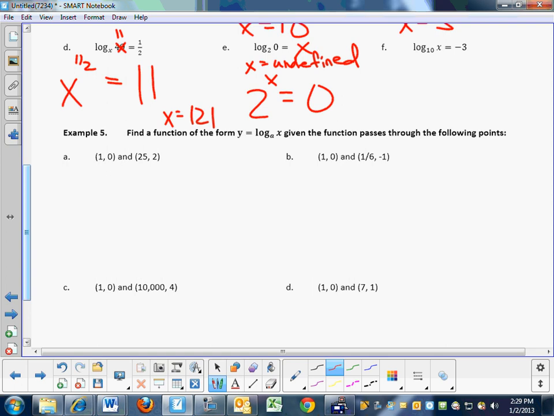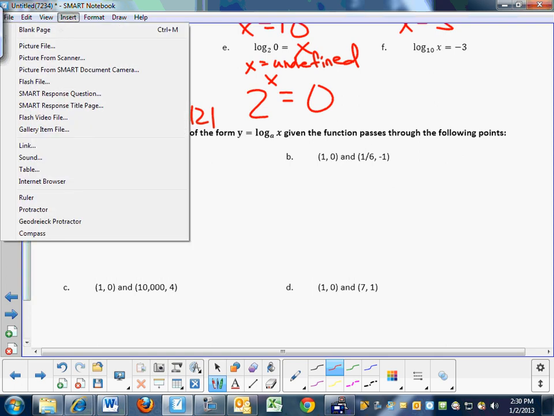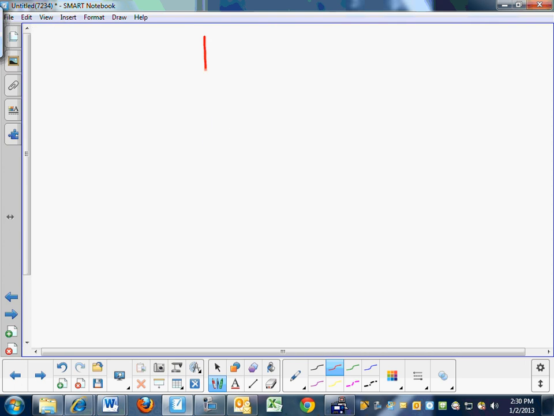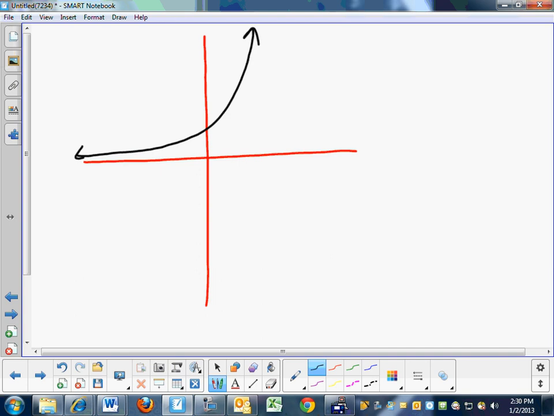Now, you guys got to put your pencils down because you got to watch this part. Come on in. We're at the exciting part of the lesson. So, do you guys remember when we graphed exponential equations the other day? Like y equals 2 to the x? Remember when we did that? Here's the deal.